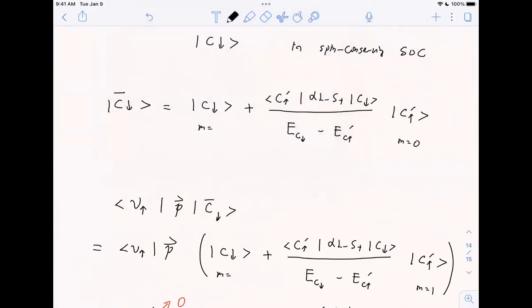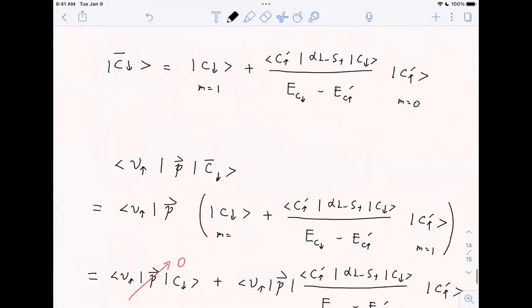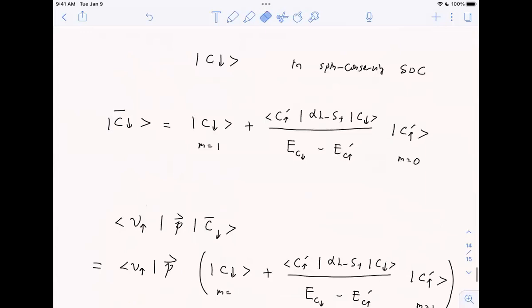You lower the spin, so this is 1. Wait, this is 0. This is the original one. So you lower the spin. Okay, so then this one needs to be -1.